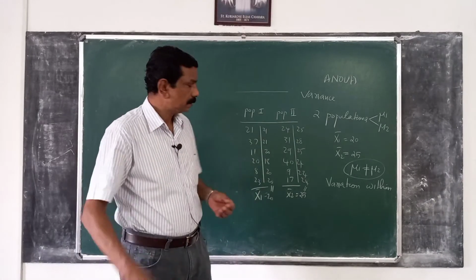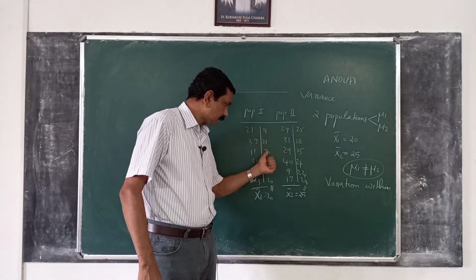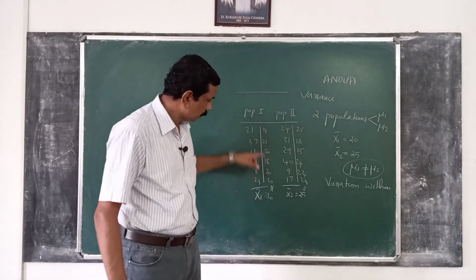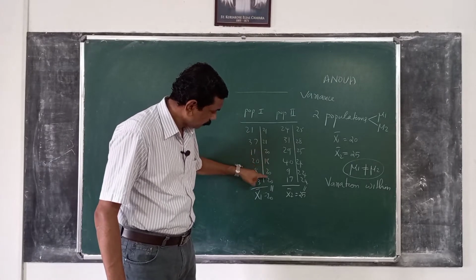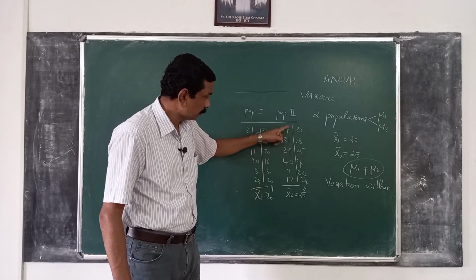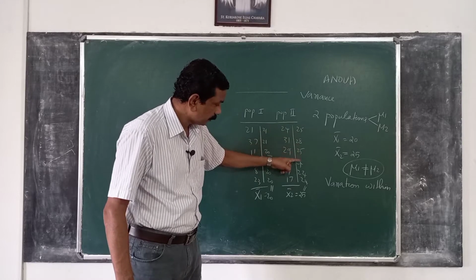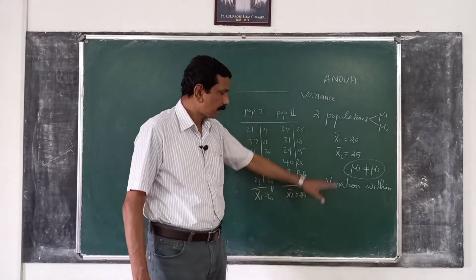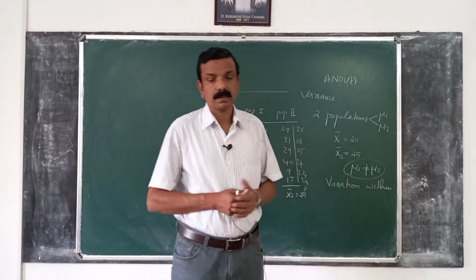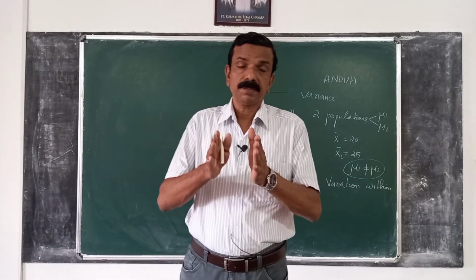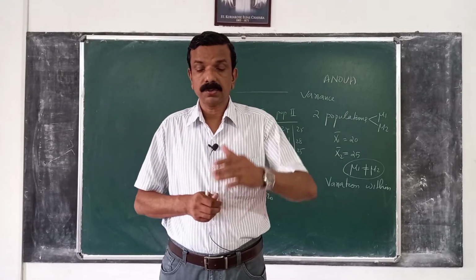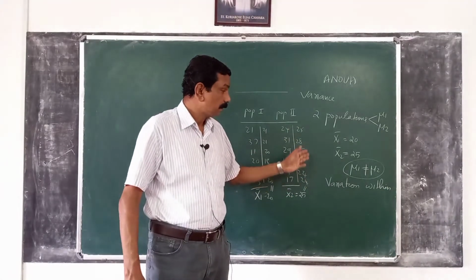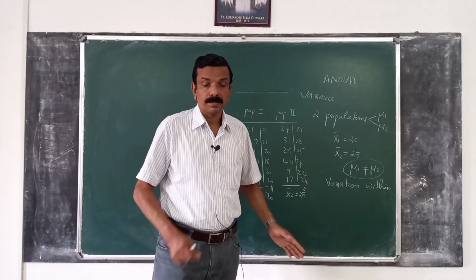As you can see, the variation within the samples is low, not much variation between sample observations. Here also, not much variation. The difference between sample means is due to difference between population means, and it is not due to variation within the populations.